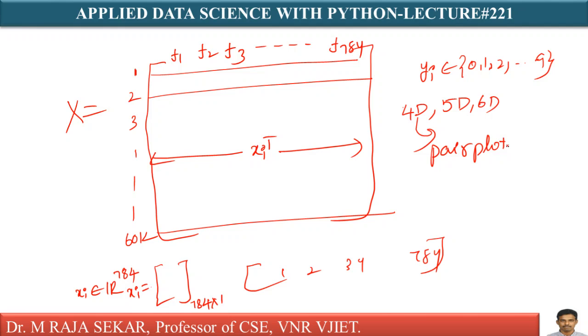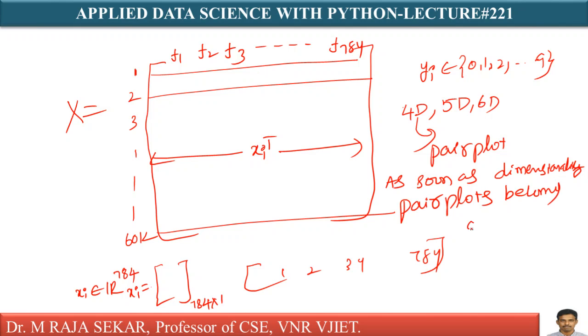But as soon as the dimensionality increases, pair plots become almost useless. That you must understand. In which case are they useless?